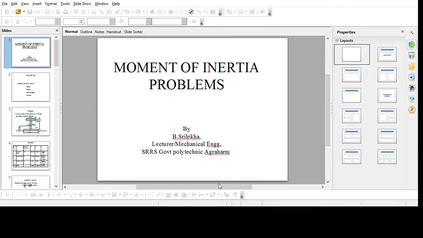What value will you get? So you will get simply the x bar. Similarly y bar also. So 75 into 10 into 5 plus 10 into 115 into 67.5.